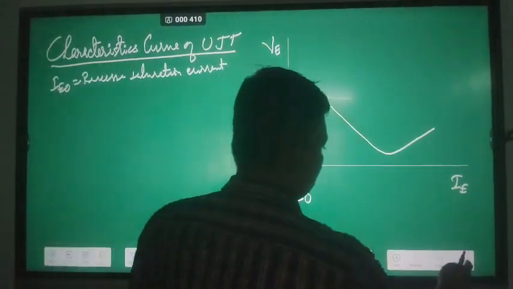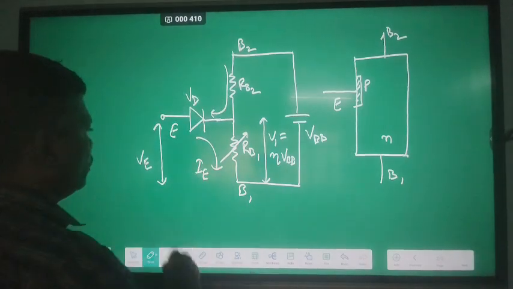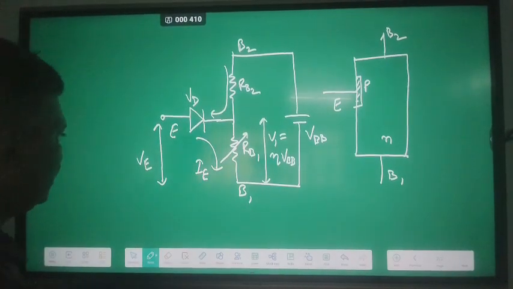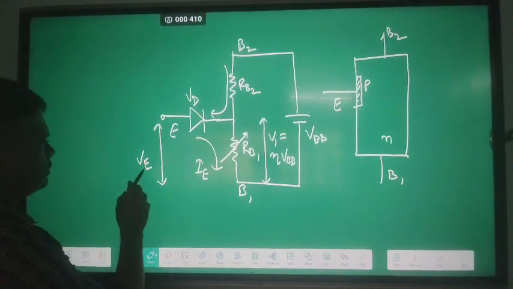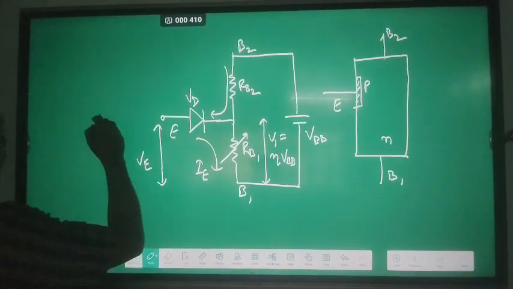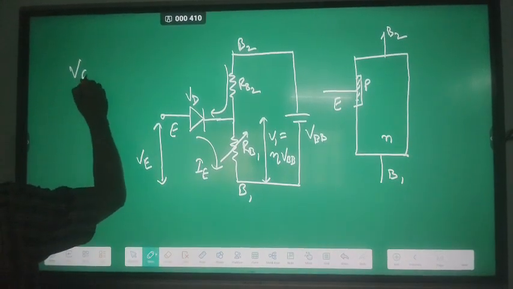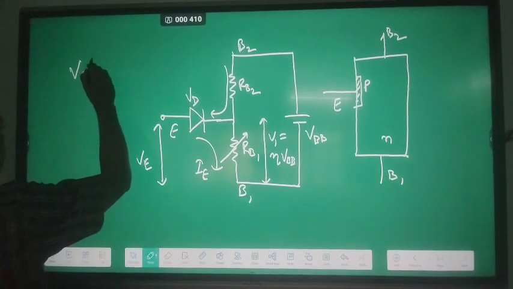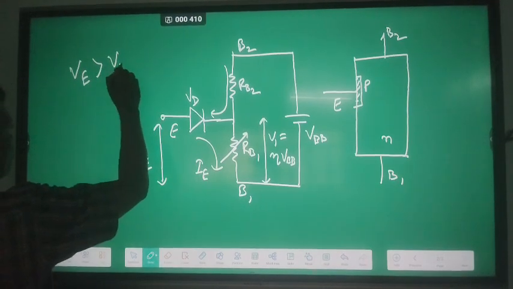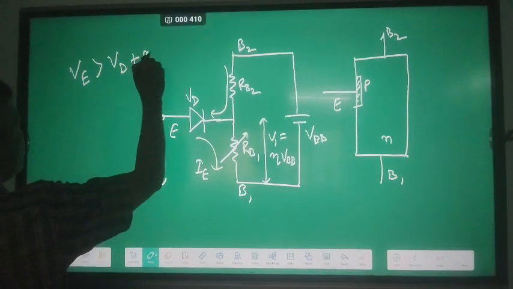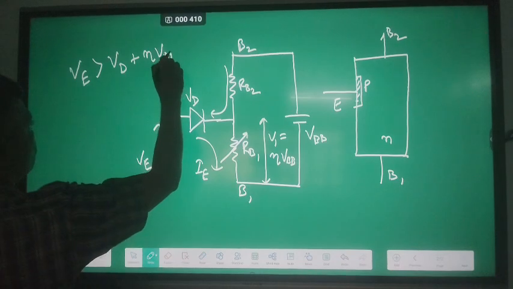Now to make the diode forward biased, I have to increase the value of VE such that VE will be greater than the two voltages, VD plus eta VBB.